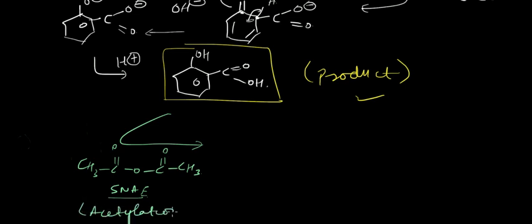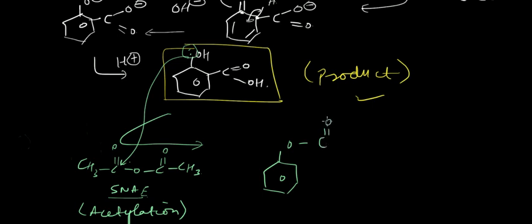Okay, so how will the reaction go forward? The O has lone pairs and will actually attack on this carbon atom. Okay, and we'll get something like an acetyl or ester group, hence acetylation took place and CO2H is retained.